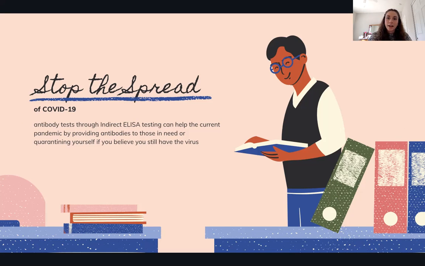But I know that it is important if you have antibodies to try and donate blood and donate antibodies to labs so they can test them, and also to just take the ELISA test if you think you've had COVID-19 or you have it, just to protect others from possibly getting it.